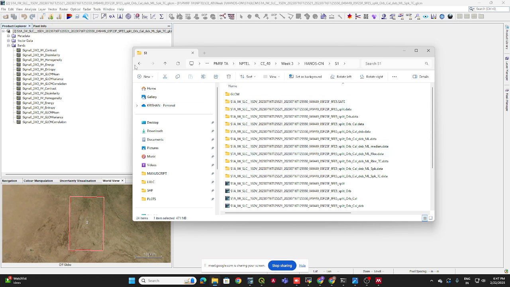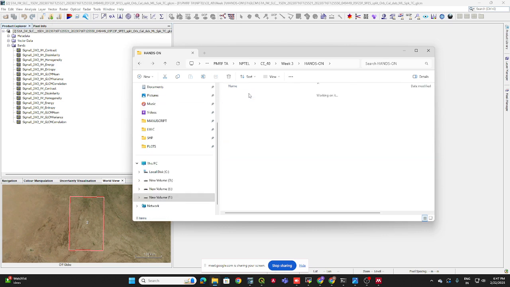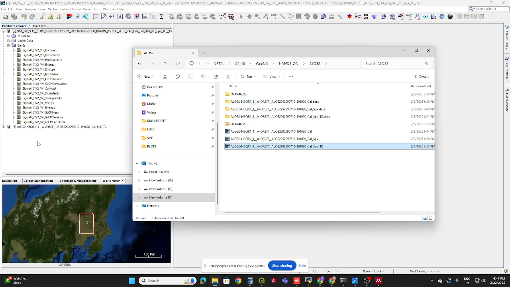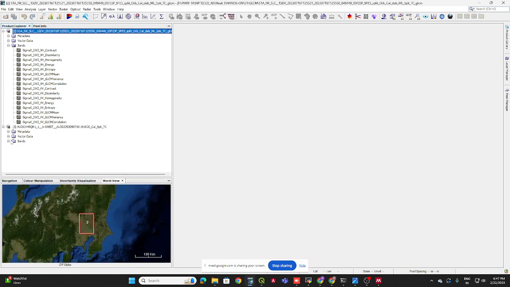We already pre-processed the ALOS-2 data, so this is our pre-processed data. We will simply import that. The ALOS-2 data is quad-pol. This is commercial data we have purchased, and now you can see the intensity, and the four bands are there. Here with Sentinel-1 it is open source data, but here it is quad-pol.